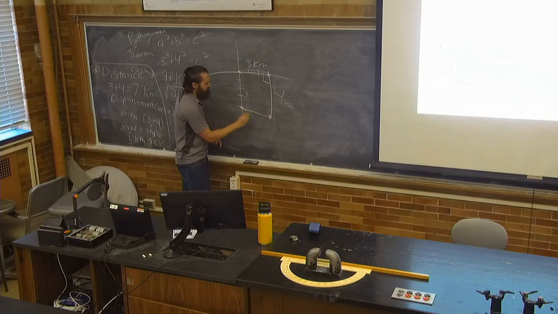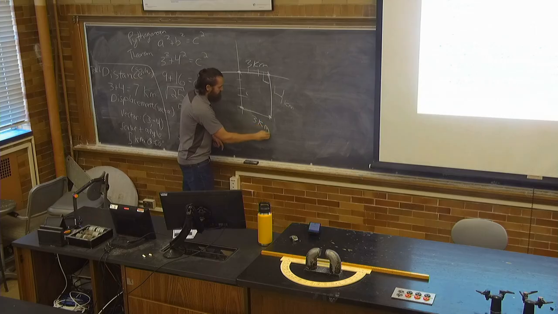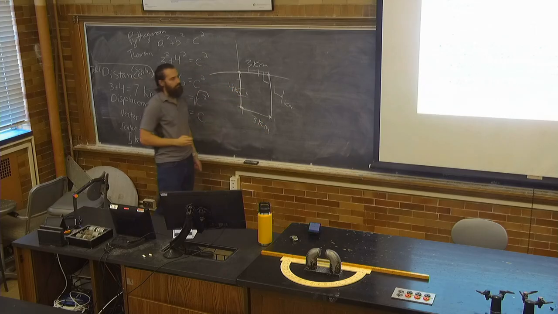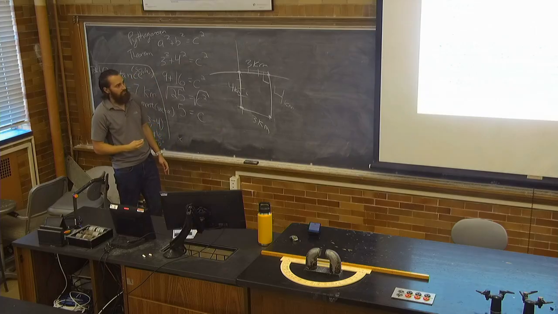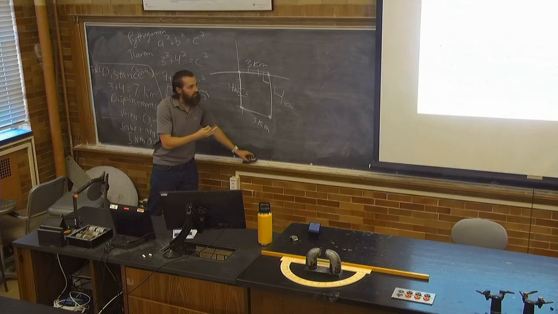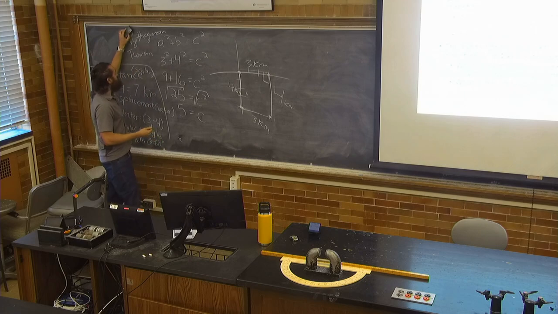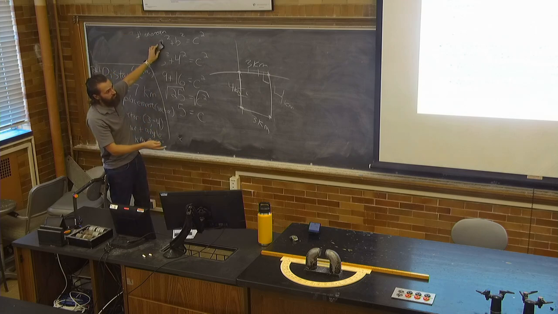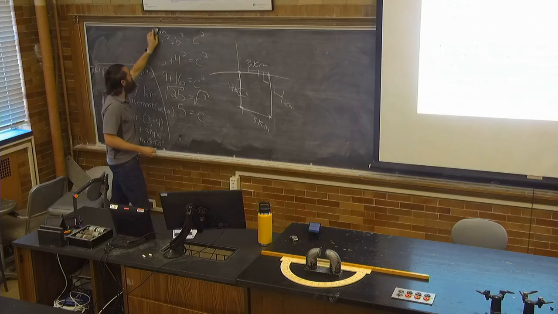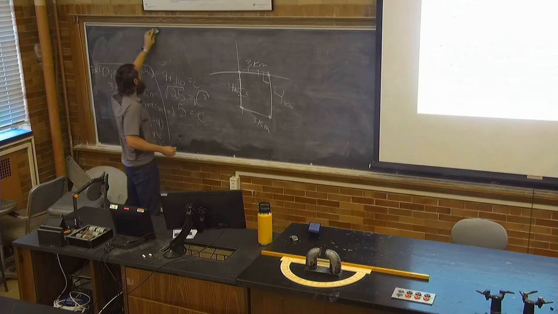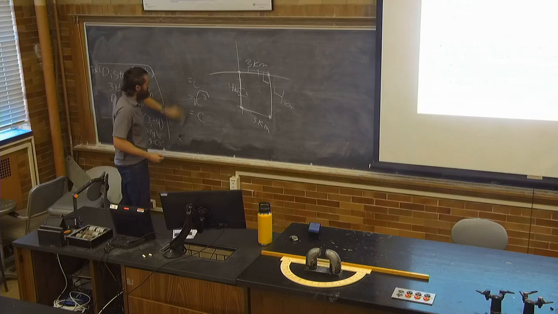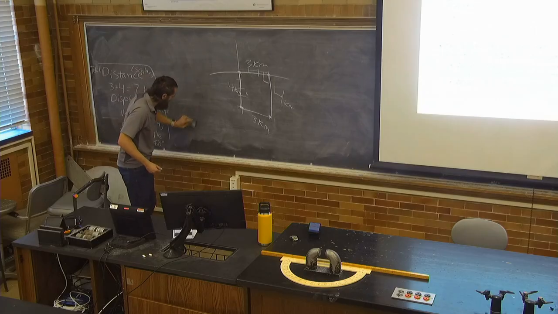So now they've done this 3 kilometer leg and then this 4 kilometer leg. And so again, the questions are, what is the current position, and how far are they from where they started? And then what is the total distance and total displacement?